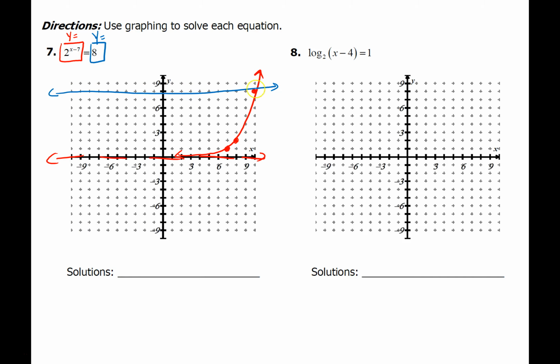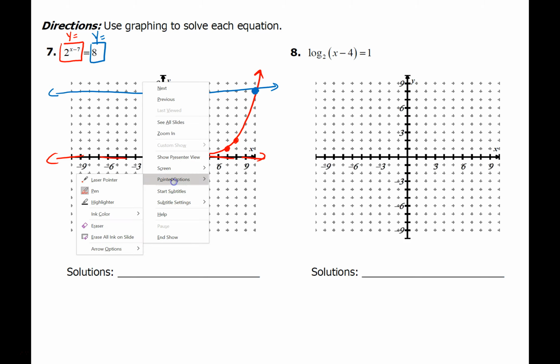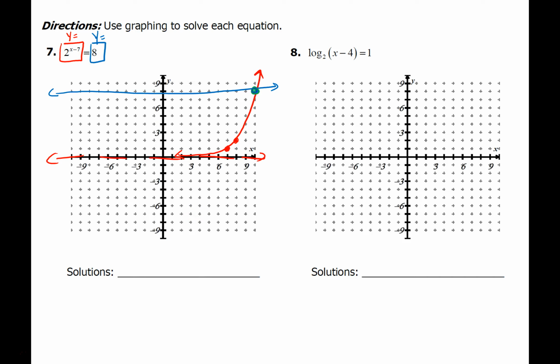So with that in mind then, that point, 10, 8, is my solution. So because the system of equations, like I said, is 10, 8, x is equal to 10 means that my solution is 10. And I don't have to do all of the work of solving that. So let's look at this next one as well.